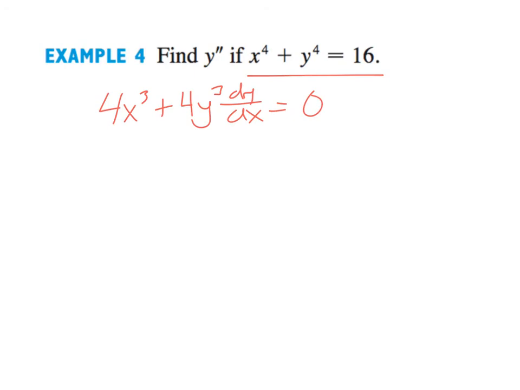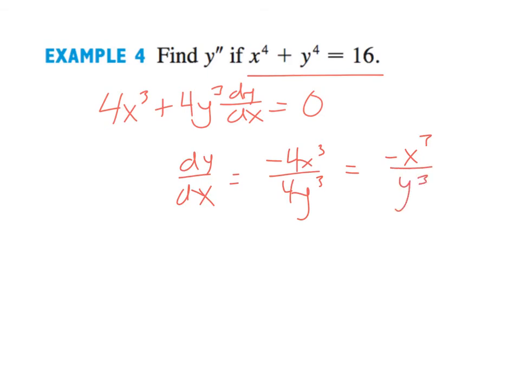If I try to solve for dy dx by subtracting the 4x cubed and dividing by the 4y cubed, I get negative 4x cubed over 4y cubed, which, with the 4's canceling, is negative x cubed over y cubed.